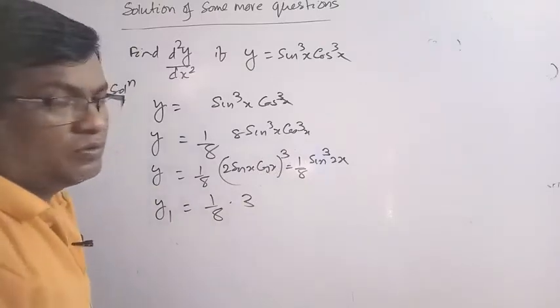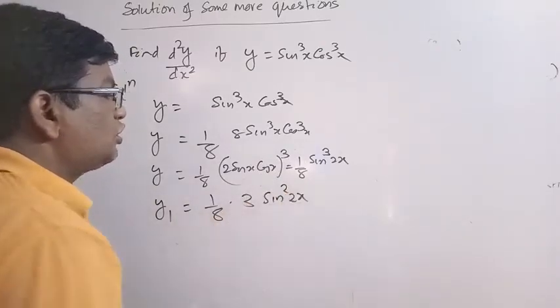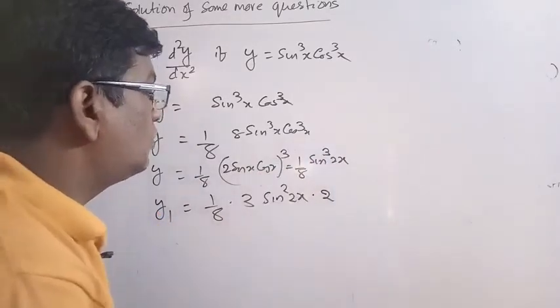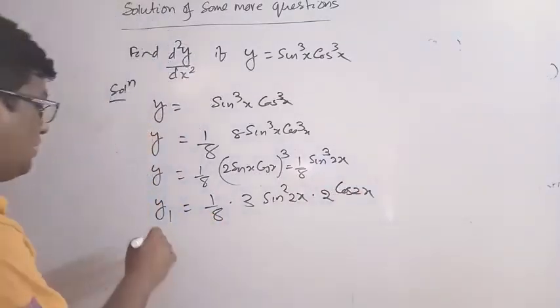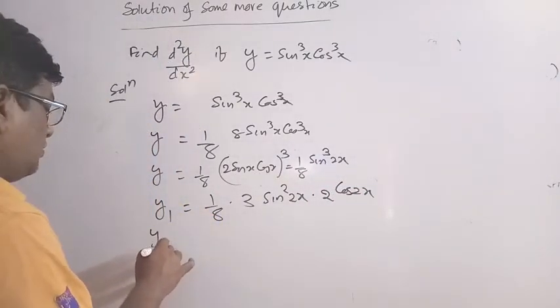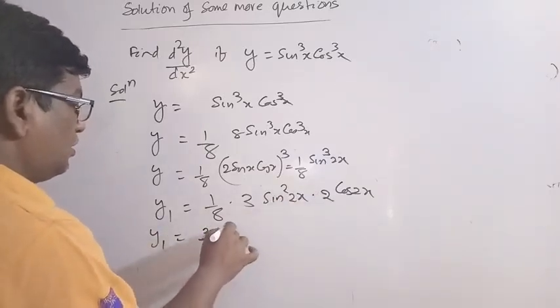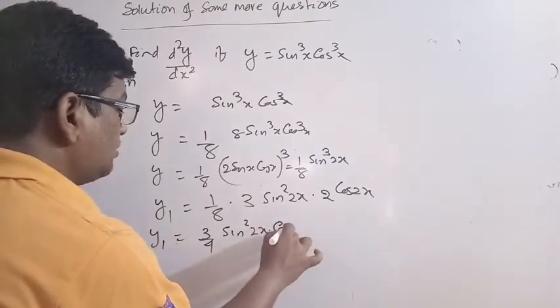Derivative of sin cube: 3 sin square 2x into derivative of sin 2x, which means 2 cos 2x. And y1 is equal to what? y1 is equal to 3 by 4, and this is sin square 2x into cos 2x.